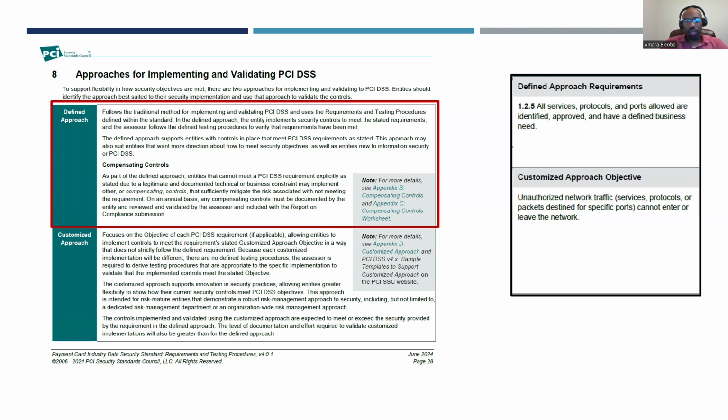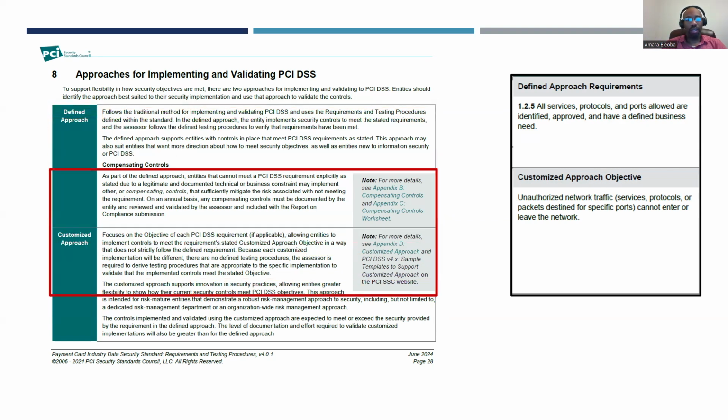If your organization is a mature organization when it comes to risk, then they can afford to go with the customized approach, depending on the complexity of the environment. PCI now gives organizations a free hand, as long as you can prove that you can meet the requirement using the customized approach, then that's fine.